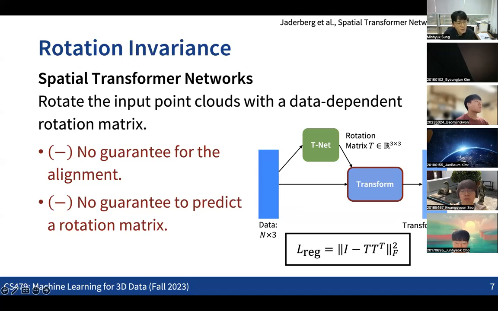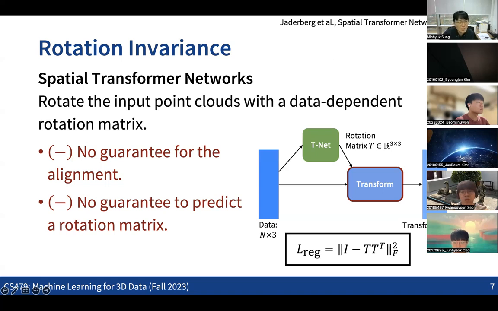So what we typically do in the PointNet implementation is predict a 3x3 matrix and add a regularization loss so that the matrix becomes a rotation matrix, but just having the regularization does not guarantee that we even predict a rotation matrix. This second issue can be handled with a different representation of the rotation matrix. But the first problem is the biggest problem: how we can guarantee achieving real rotation invariance is the key problem in the PointNet architecture.